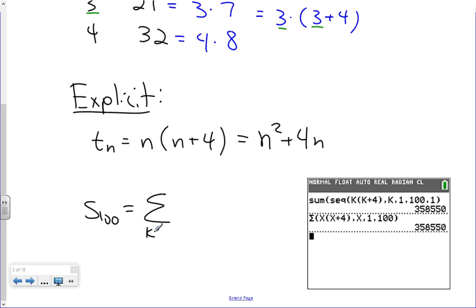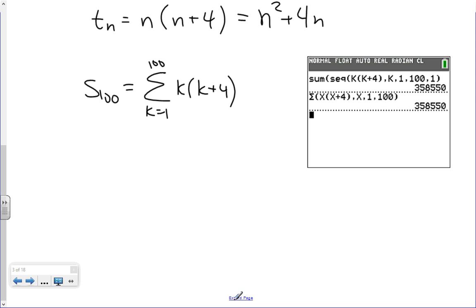Sum from k equals 1 to 100 of k times k plus 4. There's what we actually calculated. That's my work. And now I can write down the answer that the calculator crunched for me, which was 358,550. All right, and that's all they asked us to do for that example.